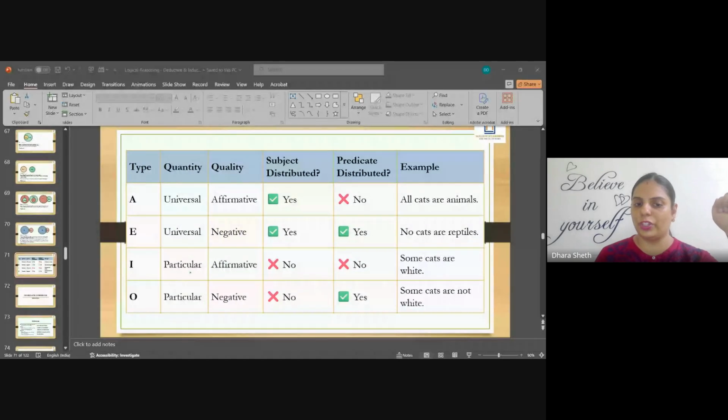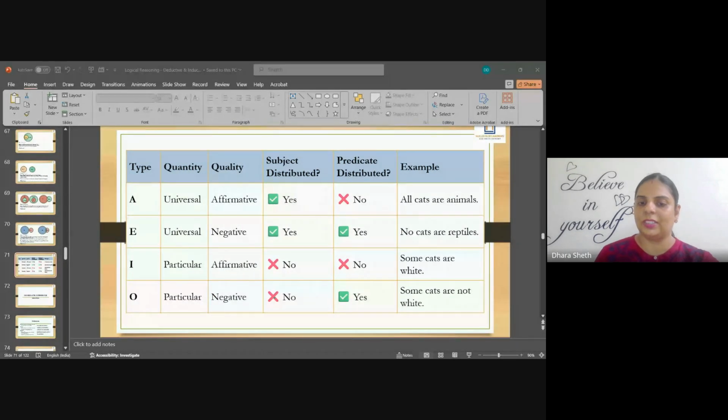I kinds of statements, wherever you have some are, some are not, it is called particular. It is not about universal. It is not about all or none. Particular affirmative, here both subject and predicate are not distributed. Some cats are white. We have no idea about other cats and we have no idea about other whites. Particular negative, some cats are not white.